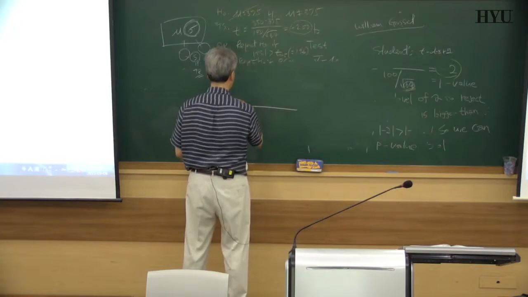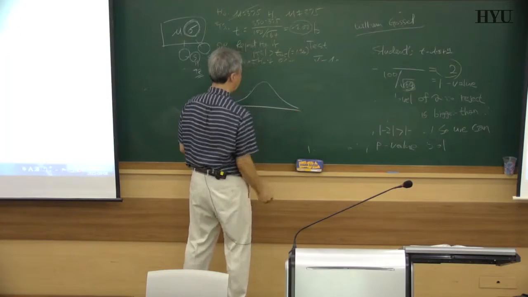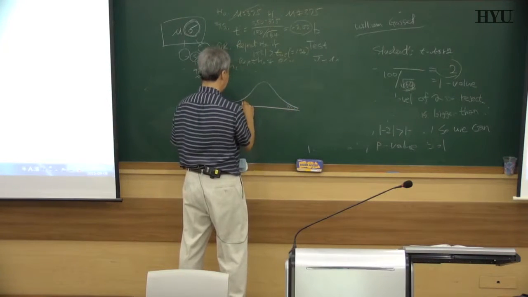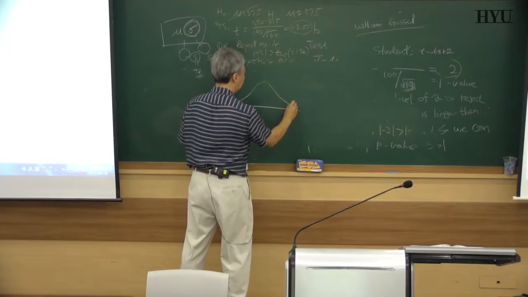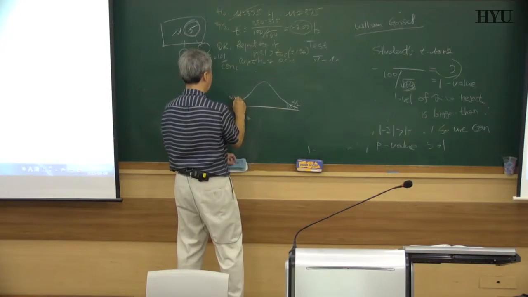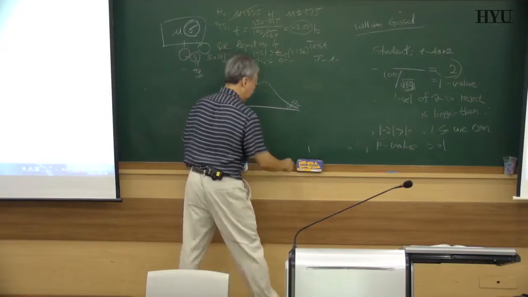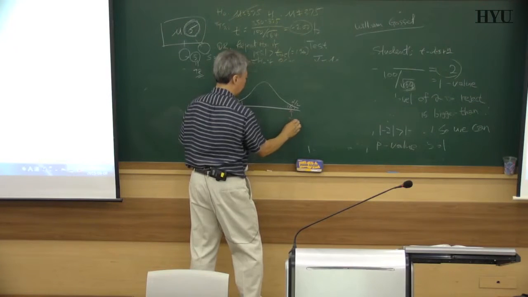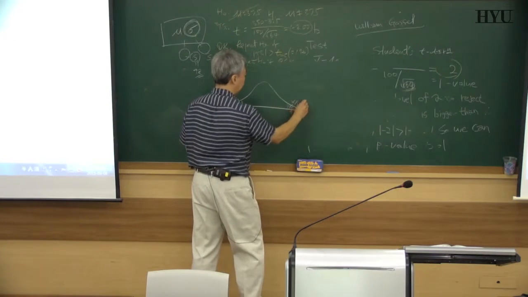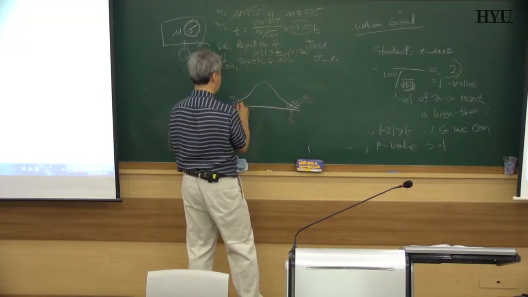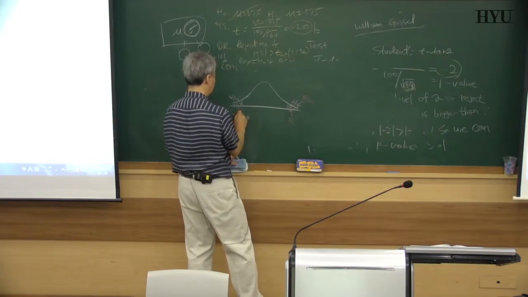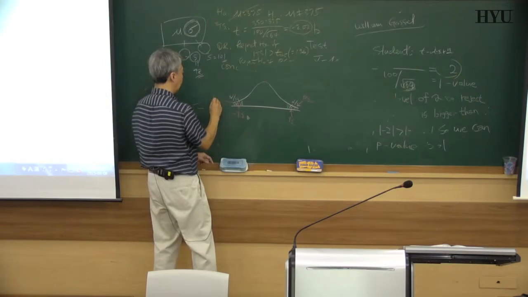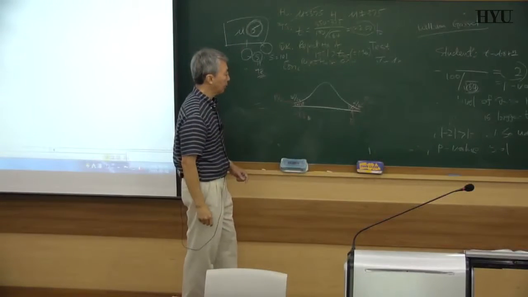If you were running a two-tail test, you will have your rejection region on both sides, and that's half of alpha. When you have your test statistic, you're going to have half of p here, and the negative test statistic with half of p there.